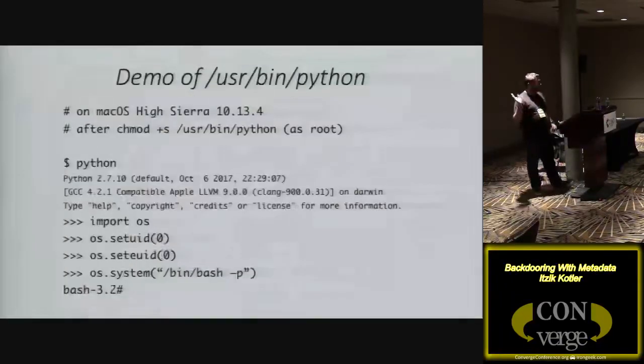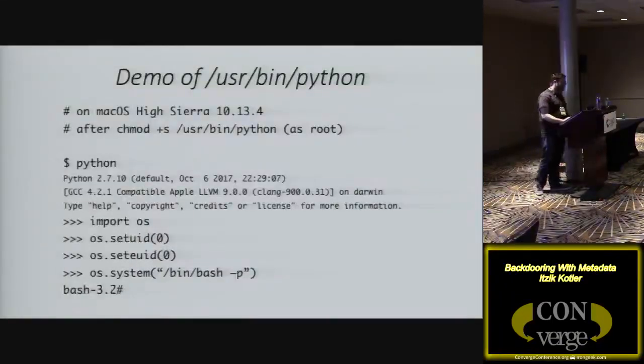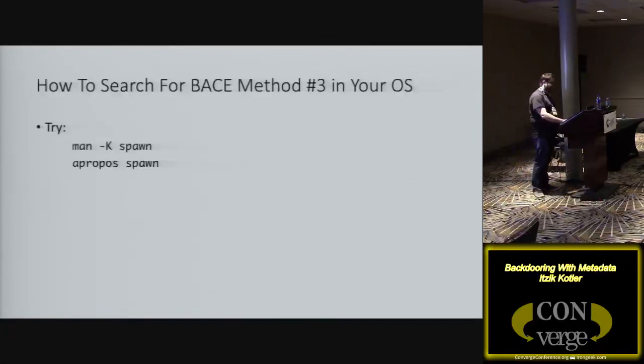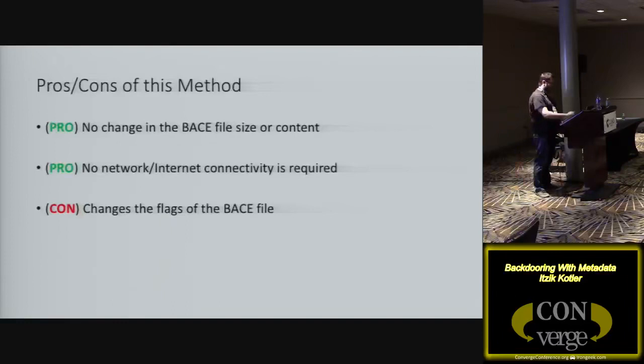We have not found many files from this particular category. However, it's still nice to know that it exists, and there are possibilities to abuse programs that have this capability inside. The way to search for that is not very trivial, but the keyword spawn is a good indicator.